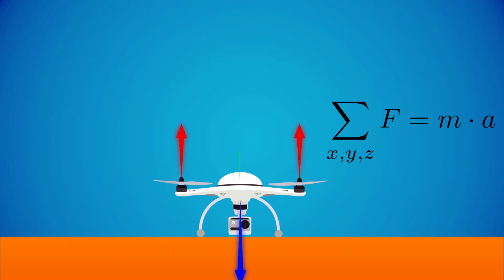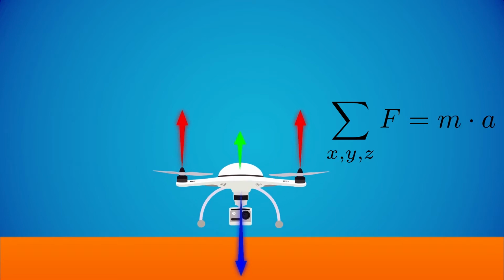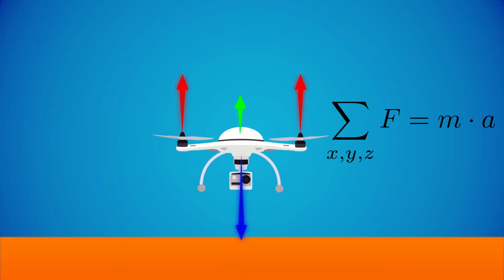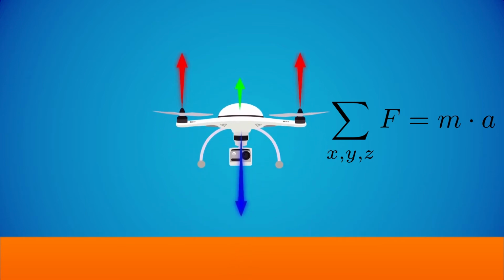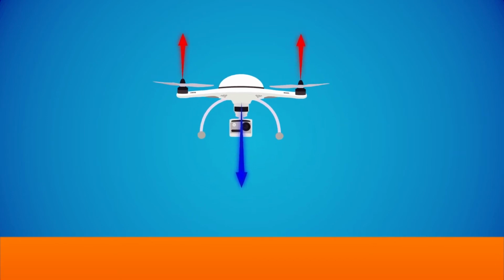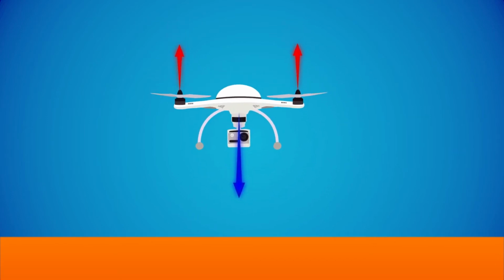Once the thrust is greater than the quadcopter's weight, a net force appears in the upper direction, creating an upward acceleration. We're now flying. If we wish to stop at a certain altitude, we simply generate an acceleration downward by decreasing the thrust and then equaling it to the weight again to hover in place.